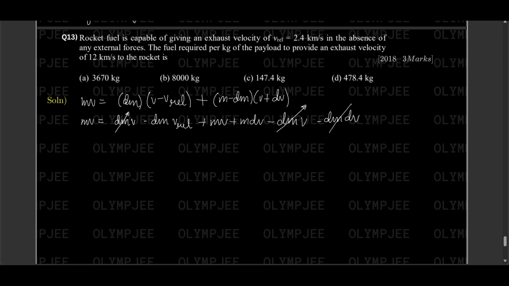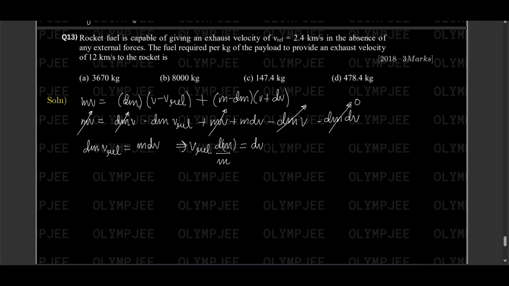So this will also be 0, and now mv and mv will also get cancelled. So we are finally left with dm multiplied by vrel is equal to m dv, and rearranging we will get vrel dm by m is equal to dv.